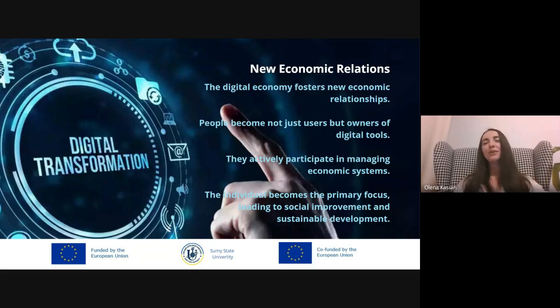So a new economic relationship. It basically fosters a new economic relationship between not just a user but also an owner of digital tools. So the perspective for businesses or humans or students is that we have to not just learn, we have to know how the digital tools are working.